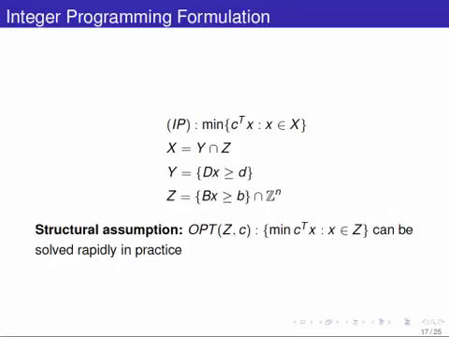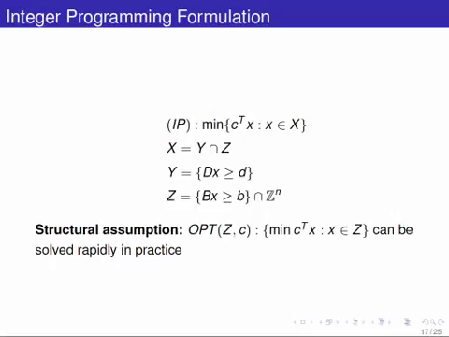So let's think of how we can apply this algorithm to integer programming. This what you're seeing here is an integer program, basically integer linear program. You have C transpose X, where your feasible region is the intersection of two things, one polyhedron Y, one polyhedron Z, intersected with integer space.